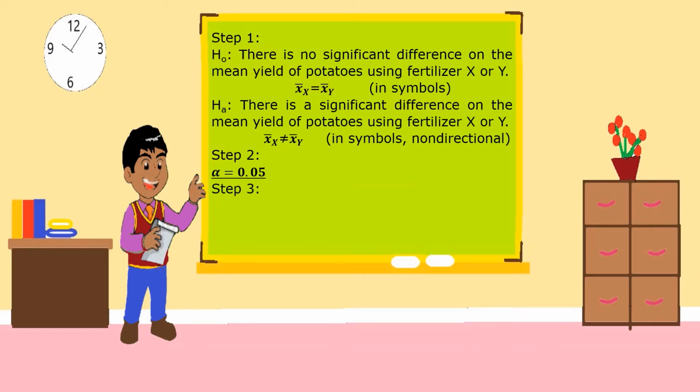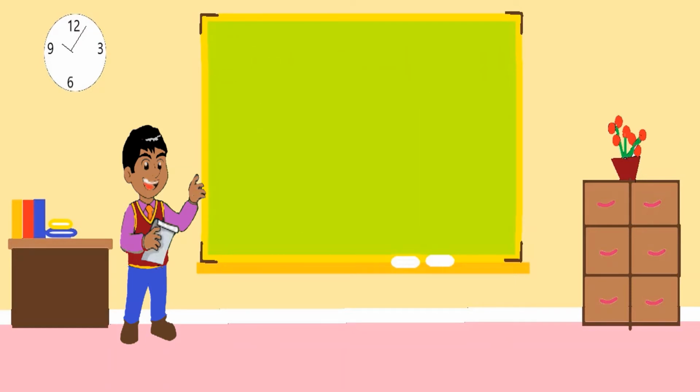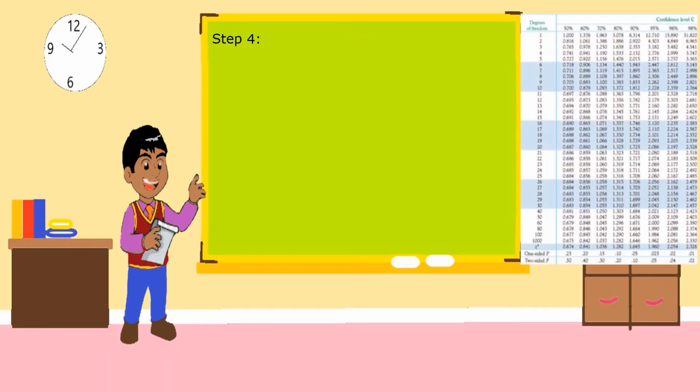Step 3. Since our sample size is less than 30, we use the t-test for the 2 sample case. Step 4. We use the t-table in order to determine our critical value. Since it is non-directional, we use the two-sided P. So on two-sided P, you look for 0.05, that's our level of significance.